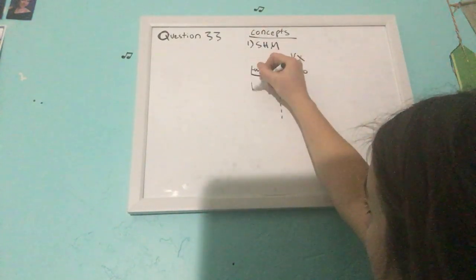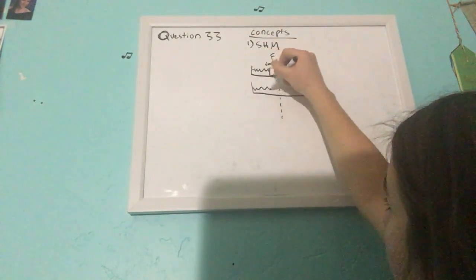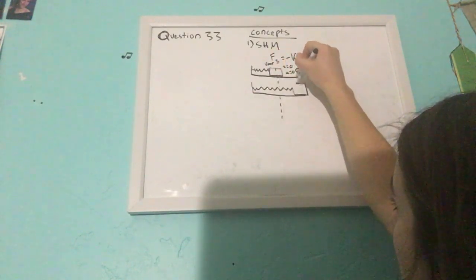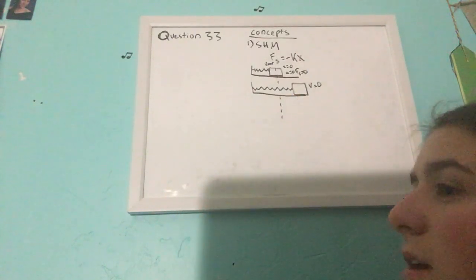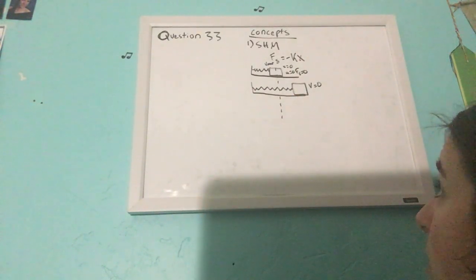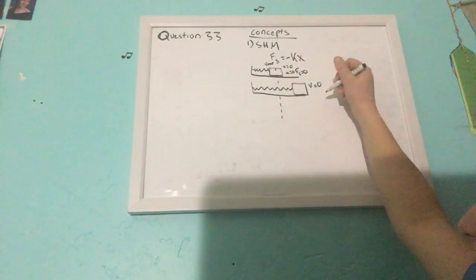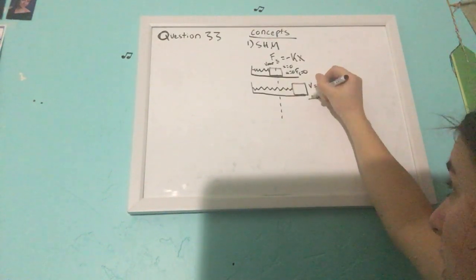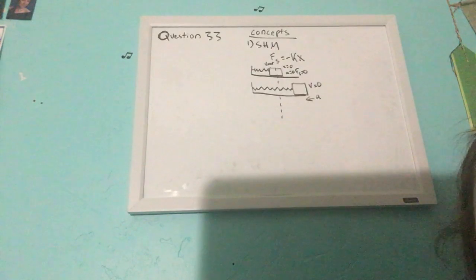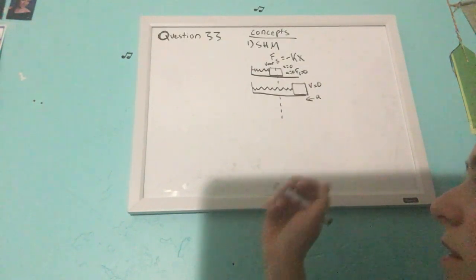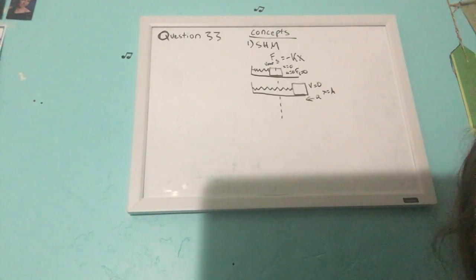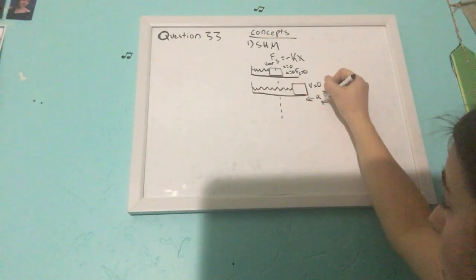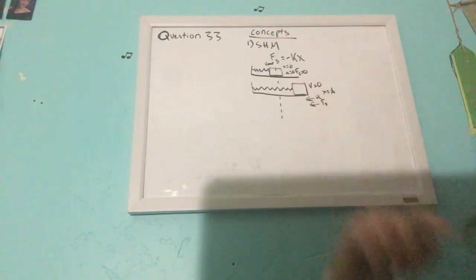When an object is here, the velocity will be 0, and the acceleration will be pointed this way. Here, x is positive, and the restoring force will be this way.